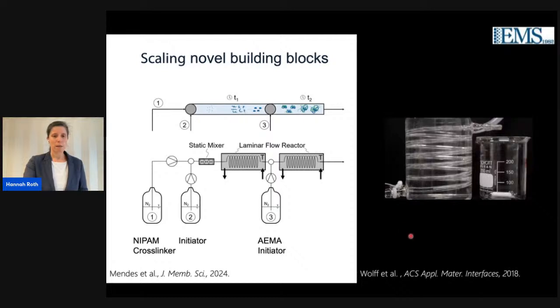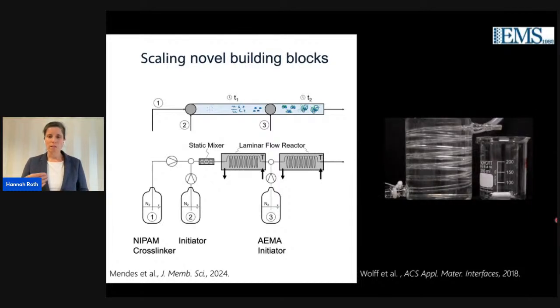And how we made them is we used a single step and continuous fabrication method by using a flow reactor. On the left side, you see how we made the amine functionalized microgels. So we have a NIPAM, the crosslinker and initiator to start with. So the microgels initially start to react, and you can see here in the video also how that looks.